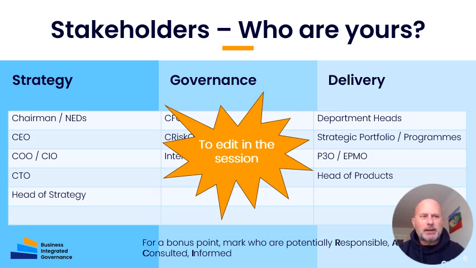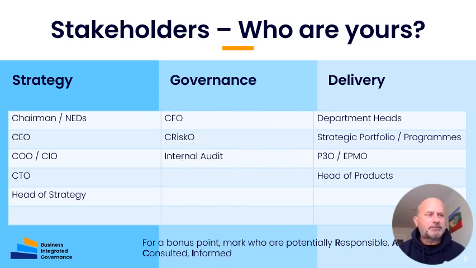So please have a look at these as examples, and in your group nail down who you think you'll need to access in these areas. And for a bonus mark, if you can highlight which ones would be responsible for such a change, who would be accountable for the outcomes of a change, who you need to consult and inform, that would be fantastic.